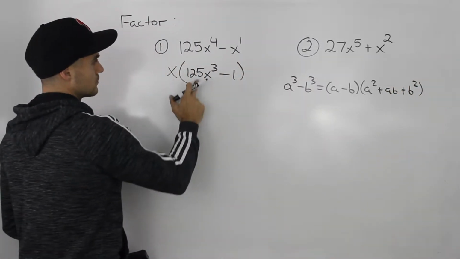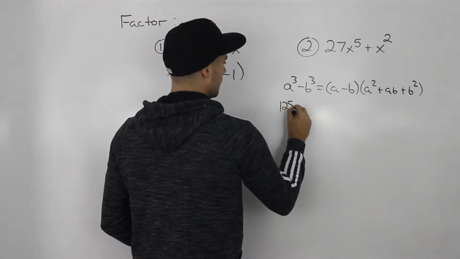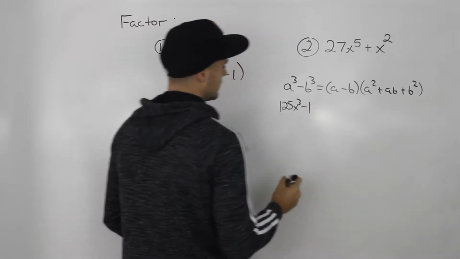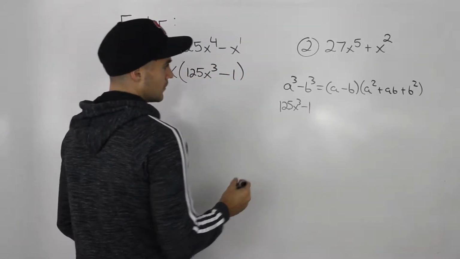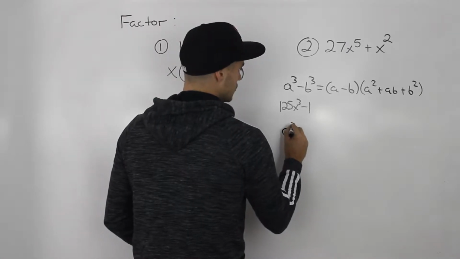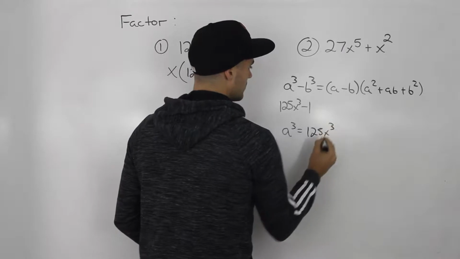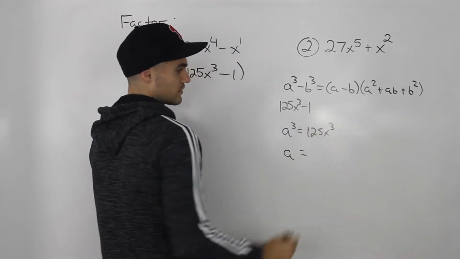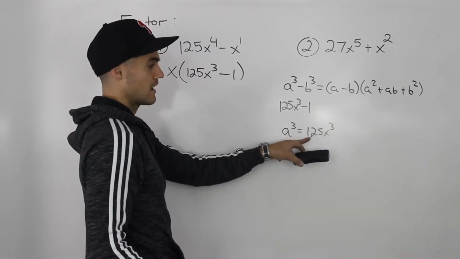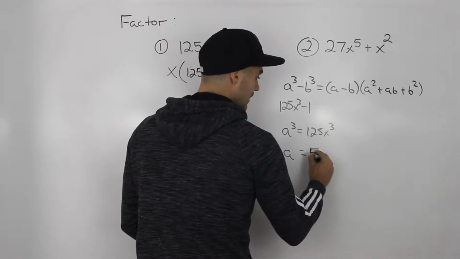All right, so taking this, writing it just below it, what is the a value going to be? Well, a cubed is equal to 125x to the 3. So that means a, if we take the third root of everything, if we take the third root of 125, so we take 125 to the power of 1 over 3, that would give us 5.